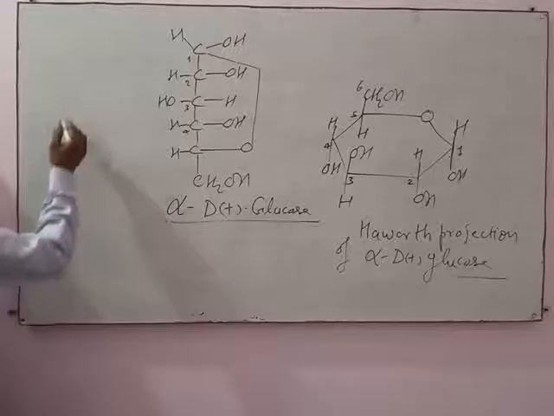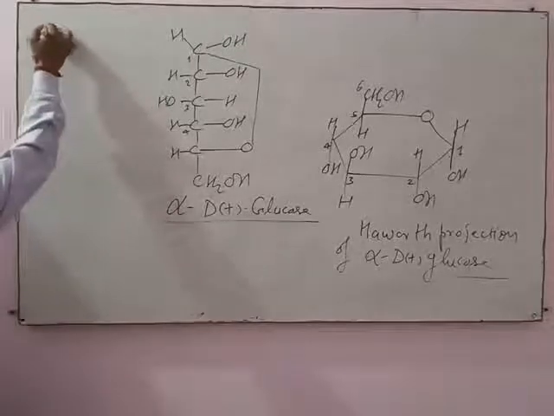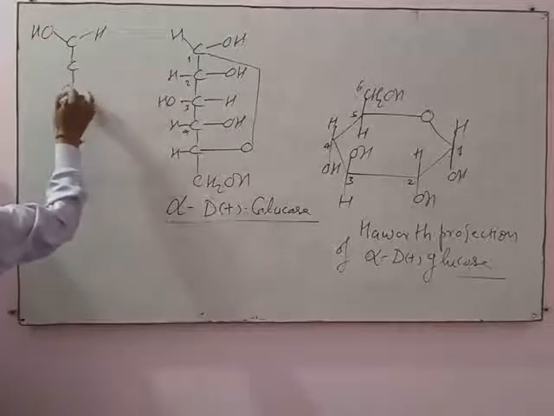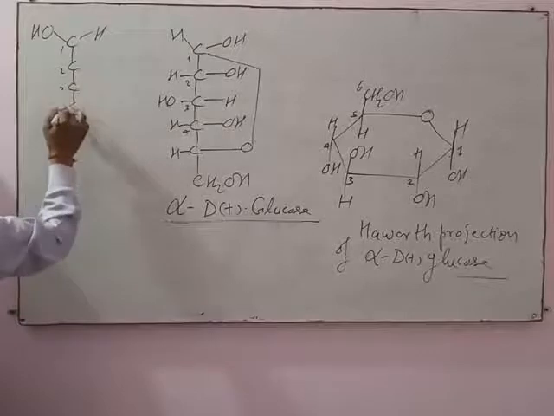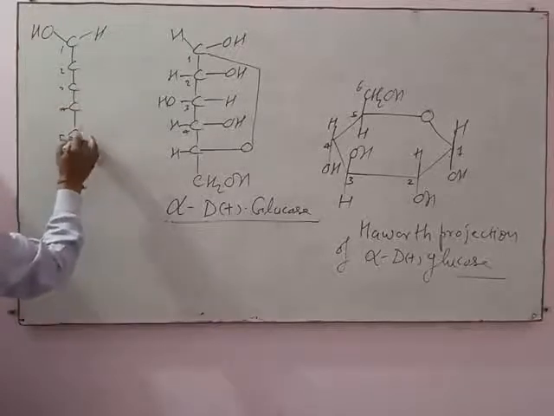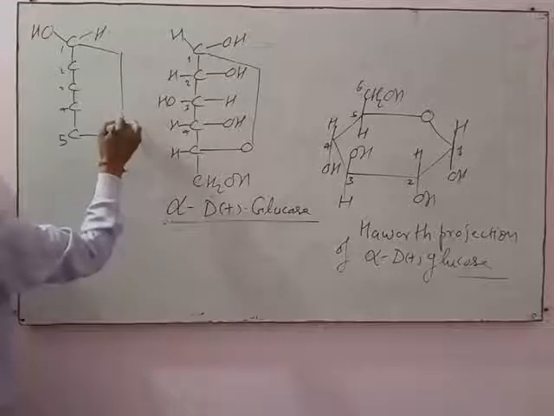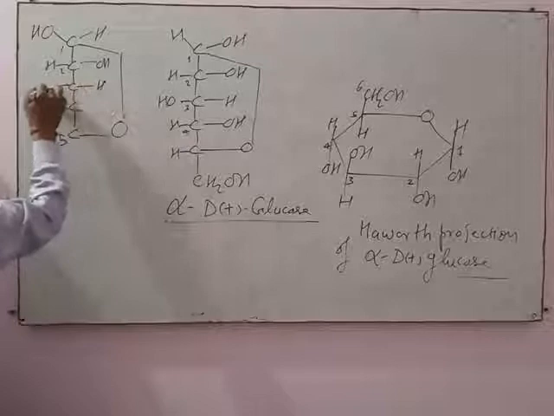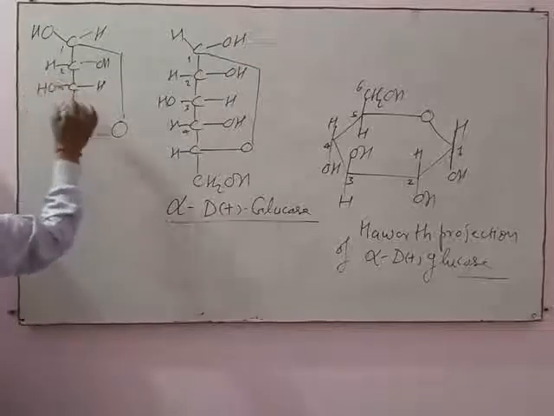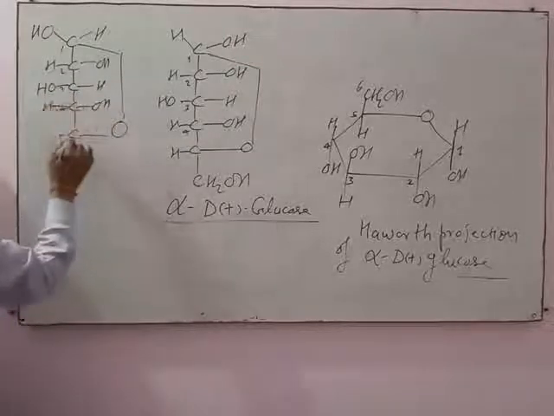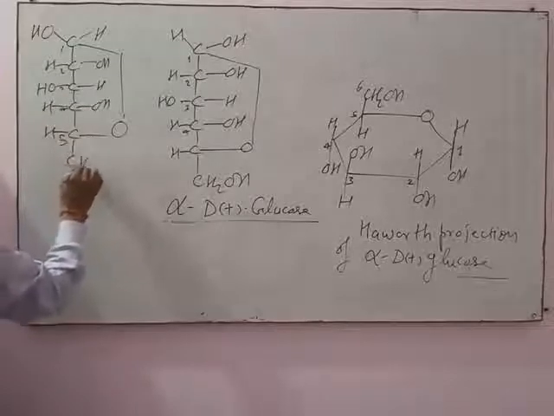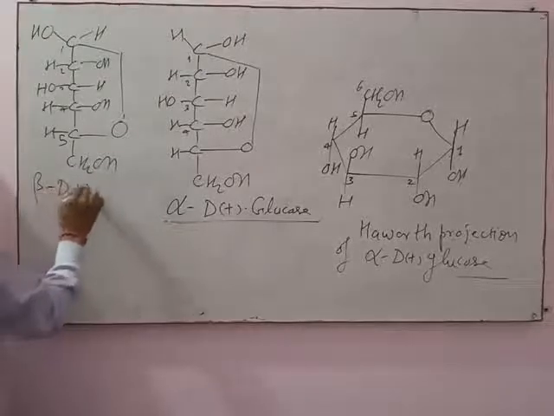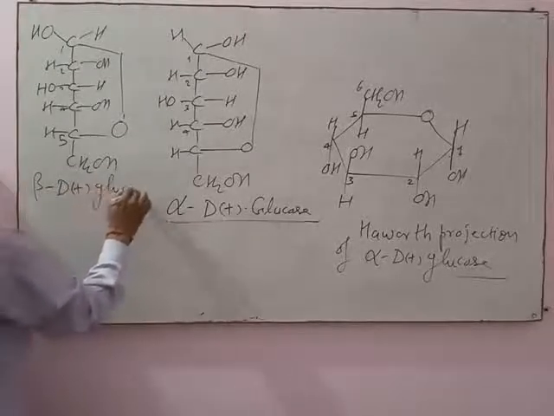And beta D plus glucose is written as OH, carbons 1, 2, 3, 4, 5 and sixth. This is beta D plus glucose.